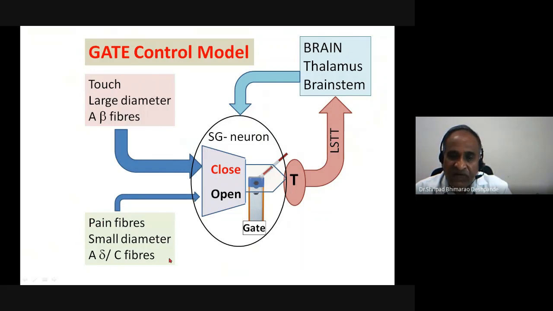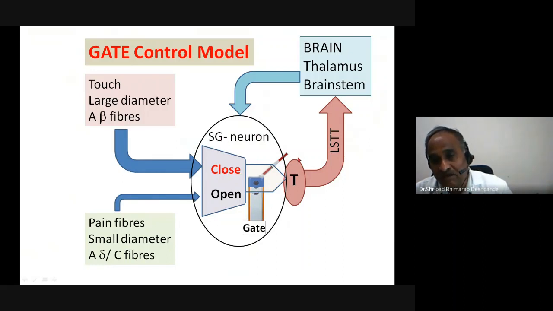Similarly, the pain fibers are carried by the small diameter fibers, A delta and C fibers. When they come here, the SG neurons are inhibited, and if the SG neurons are inhibited, they will allow the gate to remain open. That means they will not ask him to close the gate.